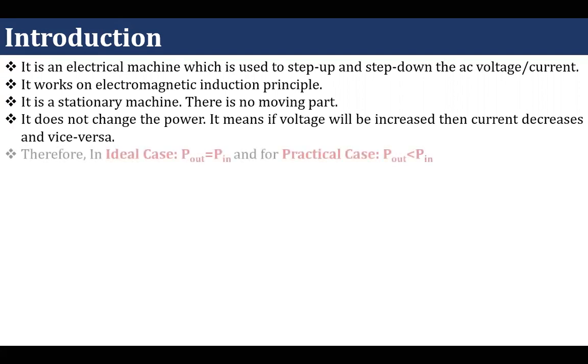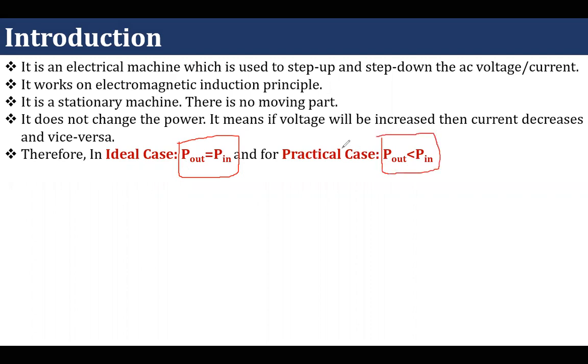So we can easily conclude that if we assume an ideal transformer, then output power will be equal to input power. But in the practical case, output power will always be less than input power because there is loss in the transformer. So due to the loss, output power will always be less than input power.